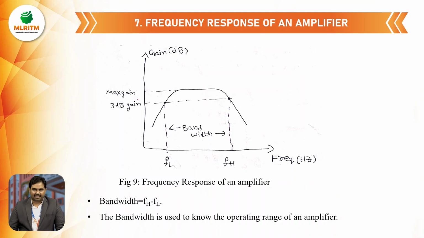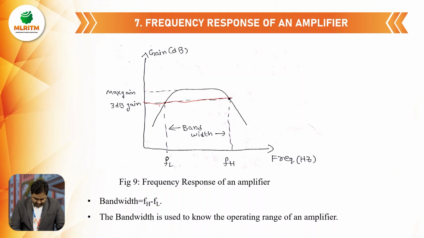First one is maximum gain. And after that, 3 dB gain. What is 3 dB gain? Maximum gain minus 3 is called 3 dB gain. Let us assume we got the maximum gain value as 20 decibels. The 3 dB gain will be 20 minus 3, that is 17 decibels. If we observe carefully, the 3 dB gain line intersects the frequency response curve.